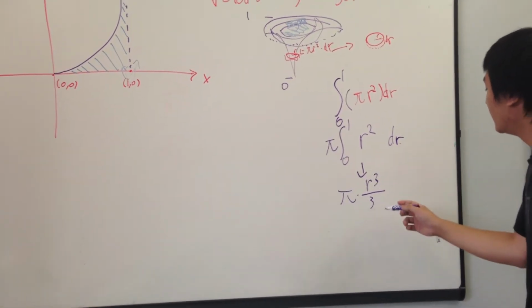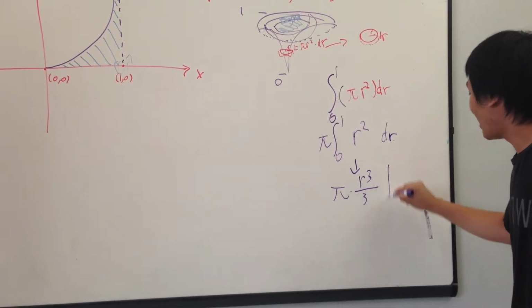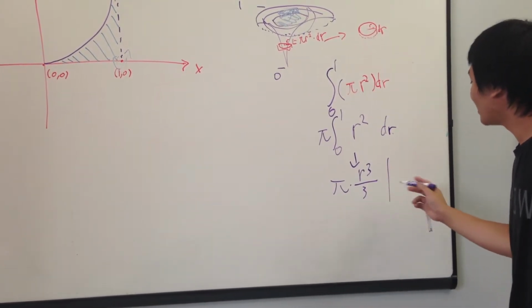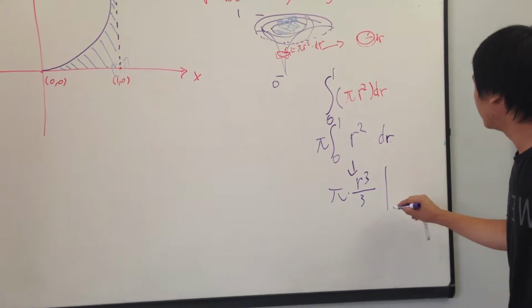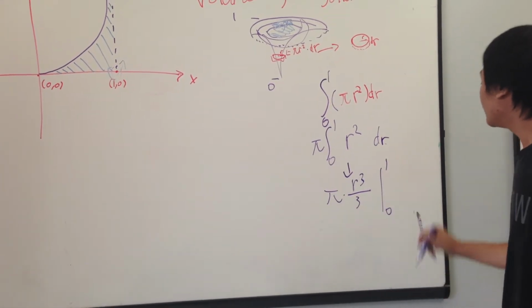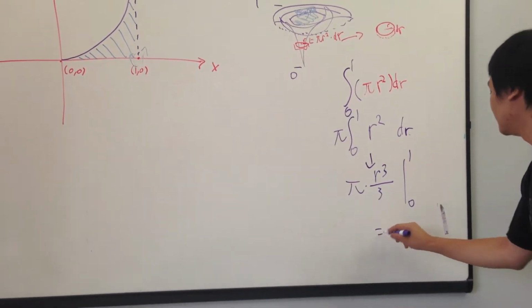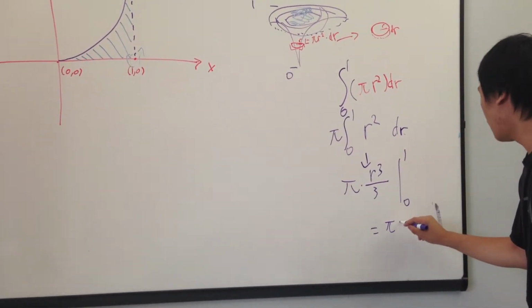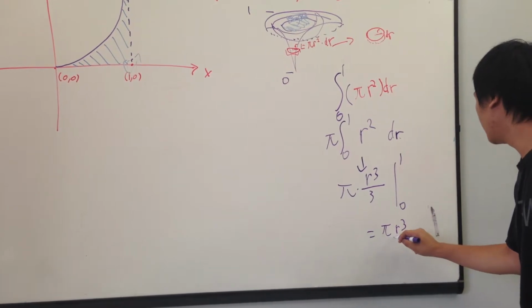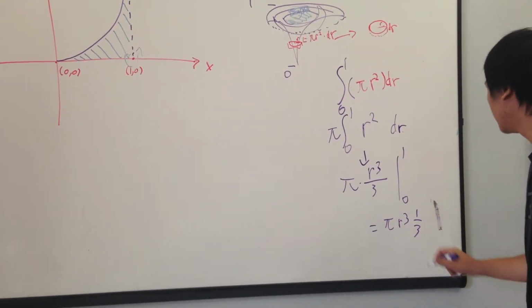So this is basically pi times r cubed over 3 from 0 to 1. And from this we can now just calculate the value of the formula. It's just going to be pi r cubed divided by 3.